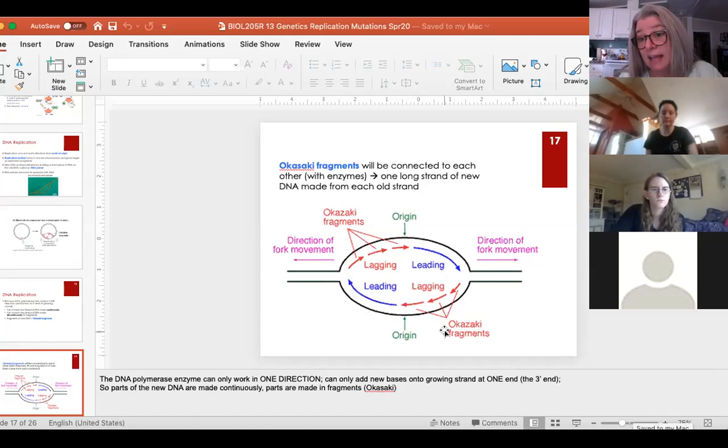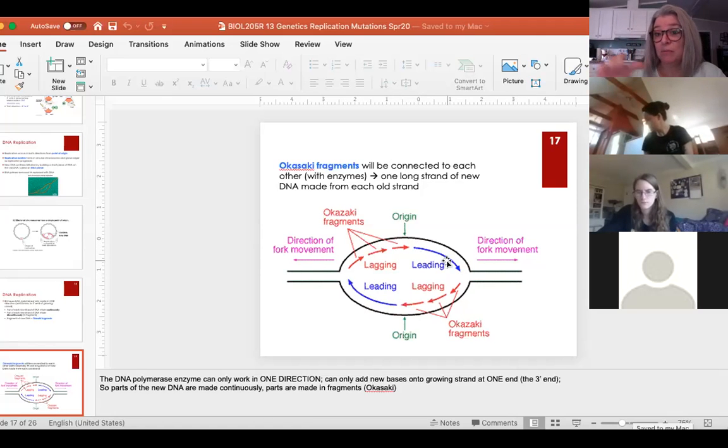And remember, at the end of all of this, when both of the DNA strands have been copied completely all the way around that circular chromosome, the cell still has a lot of work to do. The cell has to join together all of these fragments and make one piece, and then it has to join that one piece to this one piece so that you end up, again, with a complete strand of DNA.